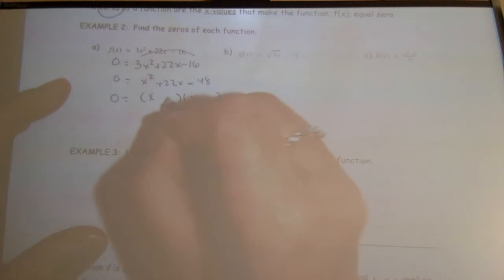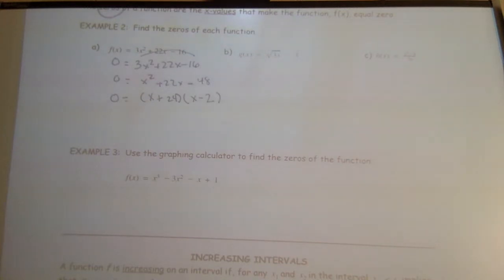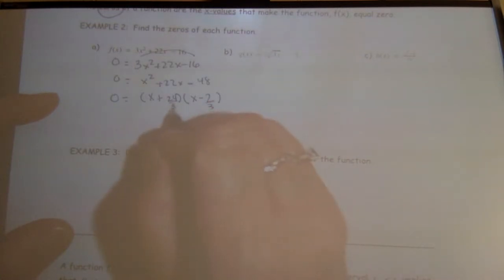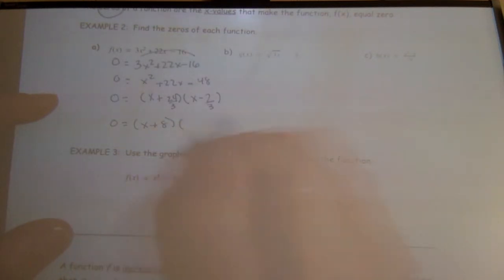Which one's going to be positive? 24. Why? Because 22 is positive. So we multiplied by 3, so we need to undo that. So we need to divide by 3. Well, 3 goes into 24 nice and neatly. 3 does not go into 2, so I bring that up.